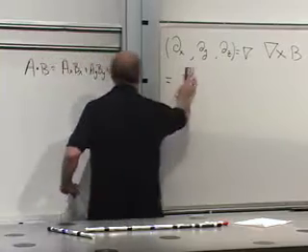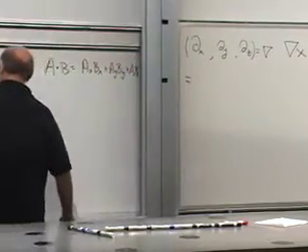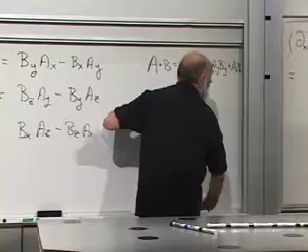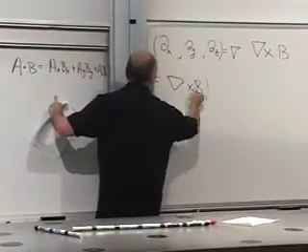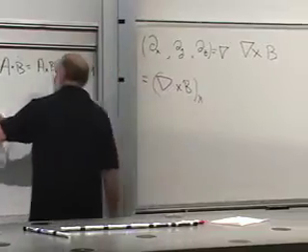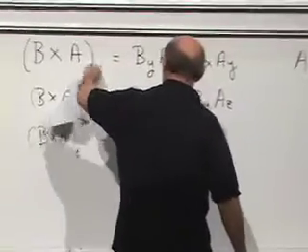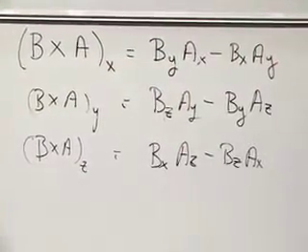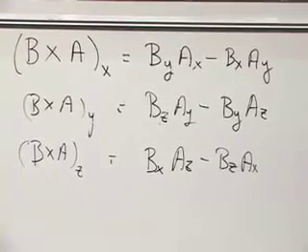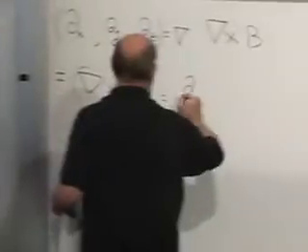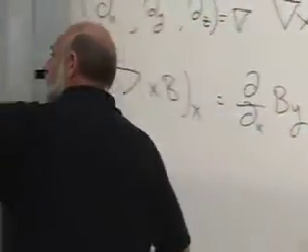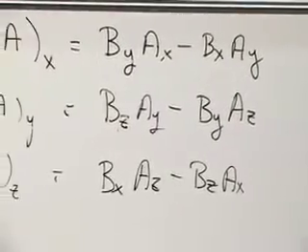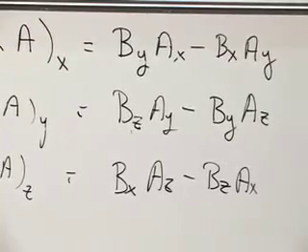Slow down. We're doing the curl. The x component of the curl, del cross B, is d by dy bz minus d by dz by.